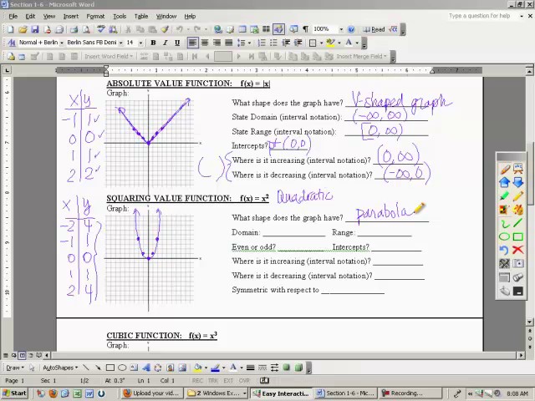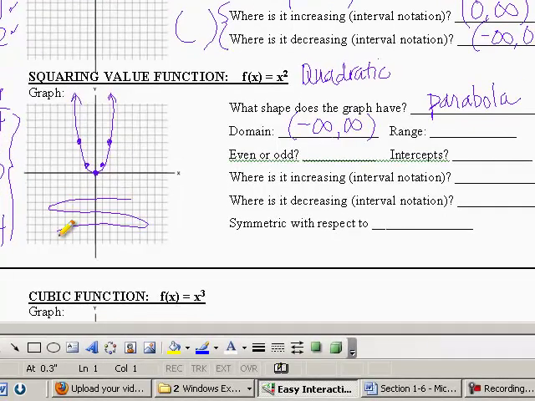We again picked any x's we want, so my domain goes from negative infinity to infinity. My range, you'll notice I don't have anything down here. And so again, like the absolute value, I start at 0, and everything then is above the x-axis from there. So from 0 to infinity, and it includes 0 because there is a point at 0.